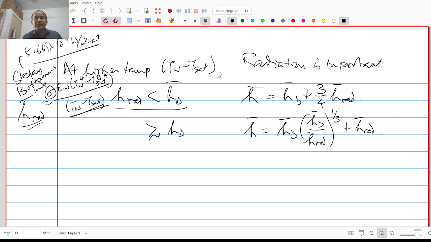Okay, so basically what can be shown is that this can be simplified to this when H D is much less than H rad, then it becomes this. So that is the simplification that you can try and get.